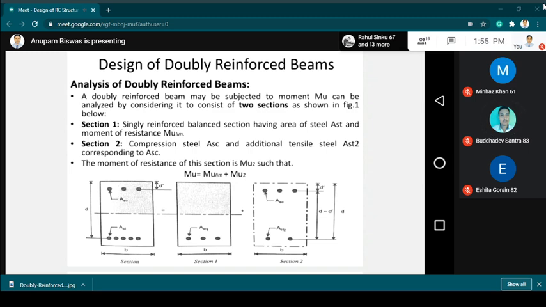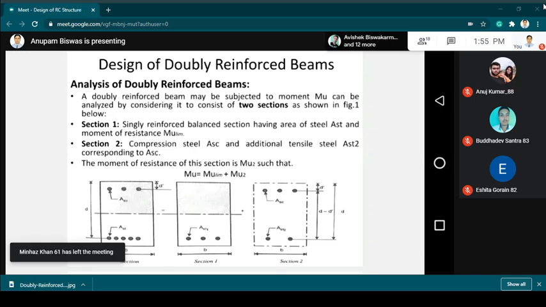What is that distance called? Anyone? The clear cover.